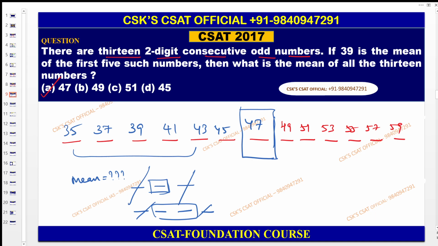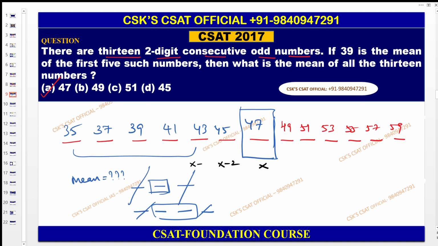Anybody having the doubt? No. Now, or else if anybody wants some other method, listen very carefully. Take this as x. So then this is going to be x minus 2, odd numbers, right?